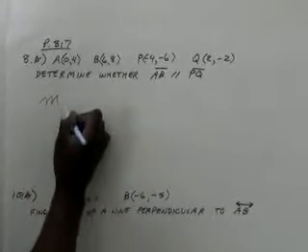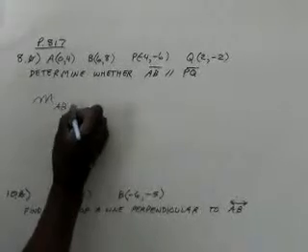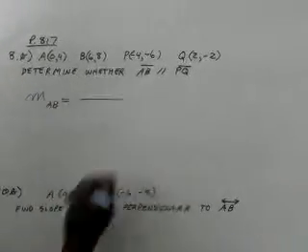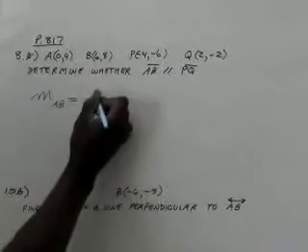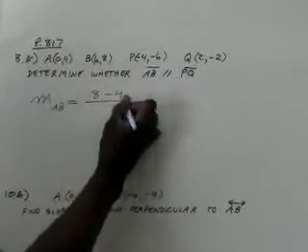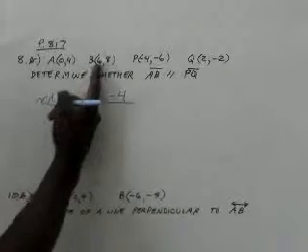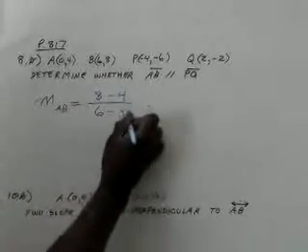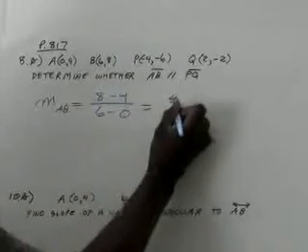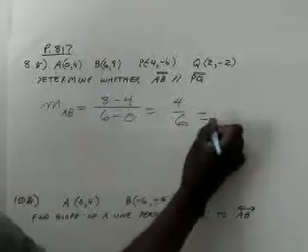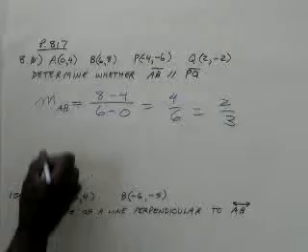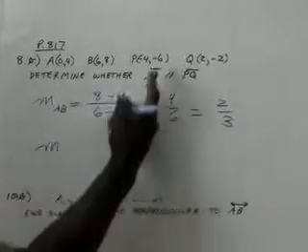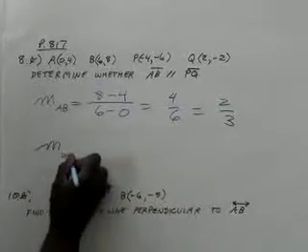The slope of AB, subtract the y coordinates, 8 minus 4, x coordinates, 6 minus 0, that's 4 over 6, and I'm going to reduce that to 2/3. Find the slope of segment PQ.